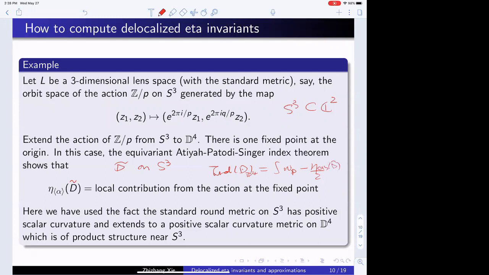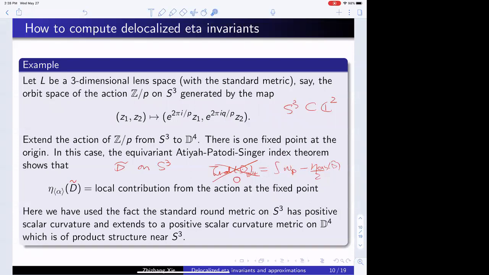Let me point out that the index term actually goes away. This is because of the positive scalar curvature metric on D4. You can extend the standard round metric of S3, which has positive scalar curvature, to a positive scalar curvature metric on D4 which has product structure near the boundary. So in this calculation, this term is just 0, and that's why you have this formula here.